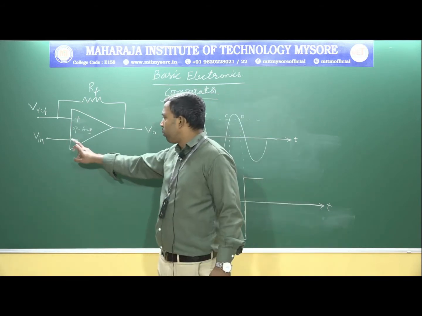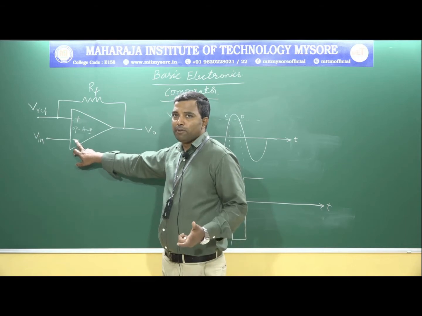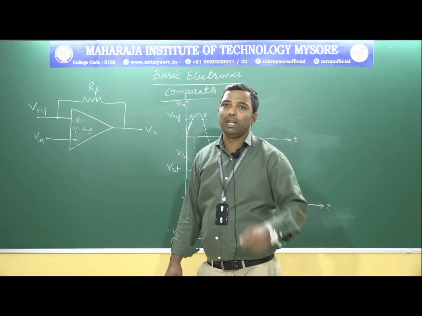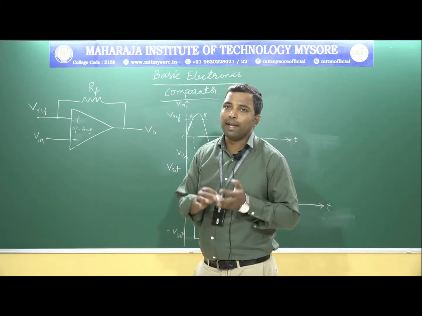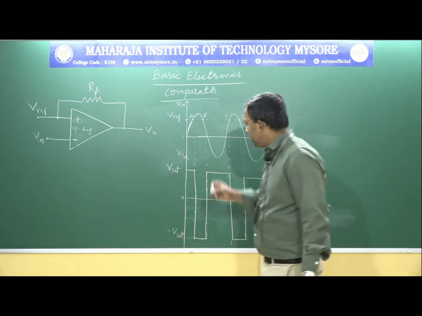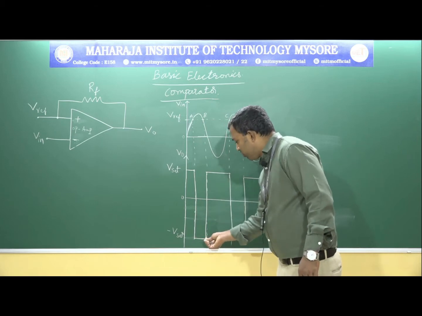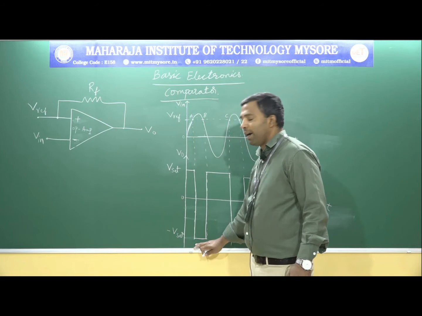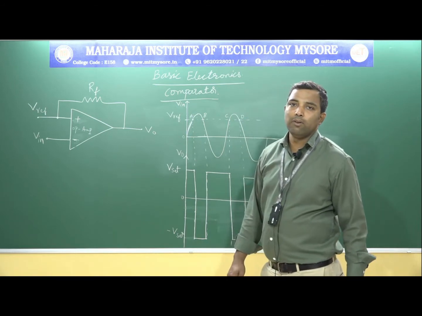The potential at this point is larger, which is negative. Negative is larger means we get the output as a negative inverted version. That is a negative output voltage, nothing but negative saturation. So from A to B, the output is at negative saturation.